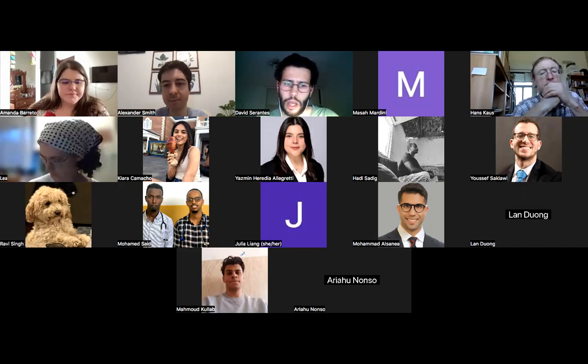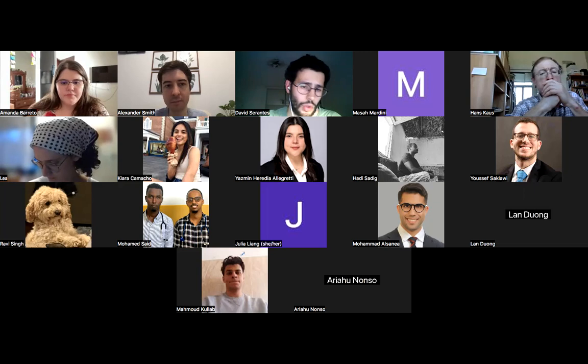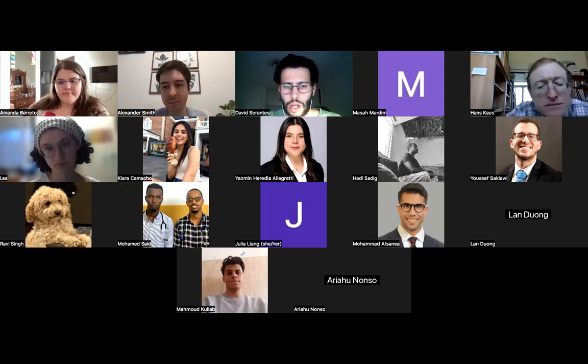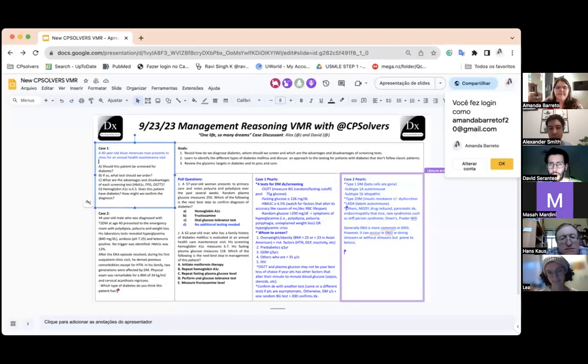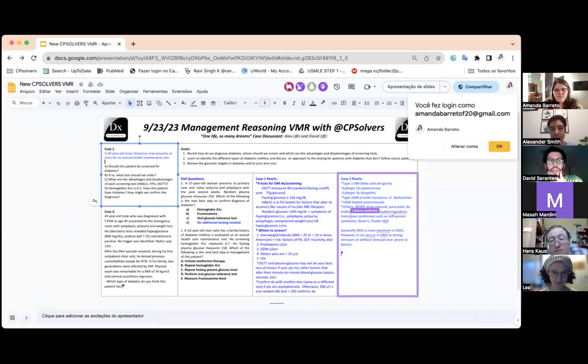This could be type 2 diabetes with ketosis, ketosis prone syndrome, or also LADA, depending on if he has antibodies or not. And which test would you ask for in this patient?